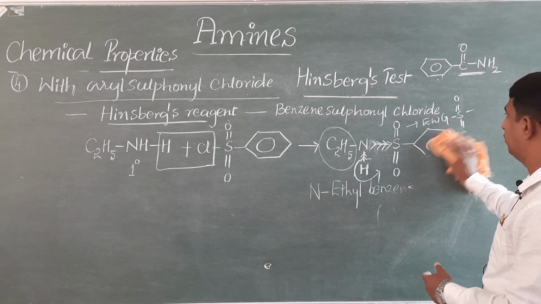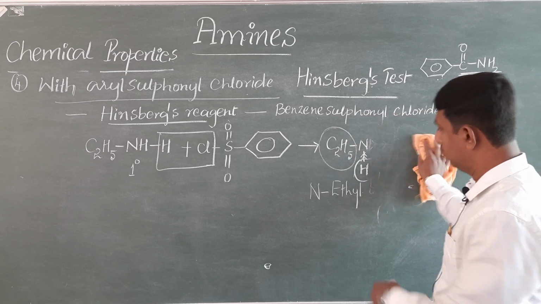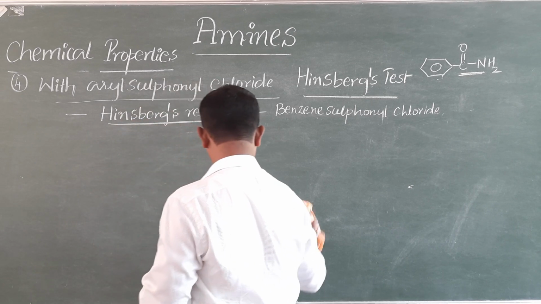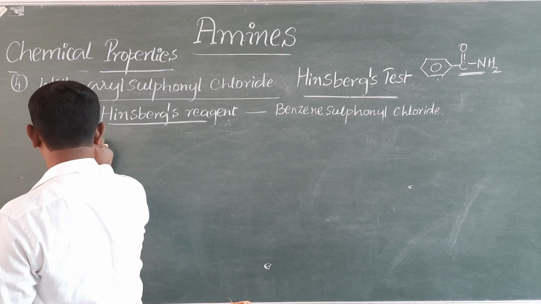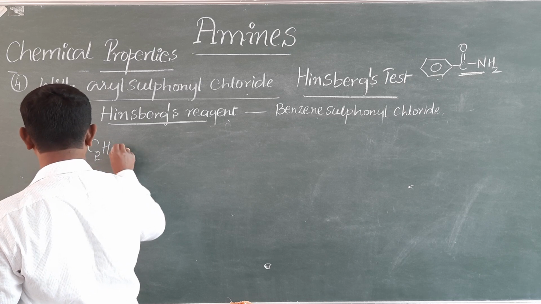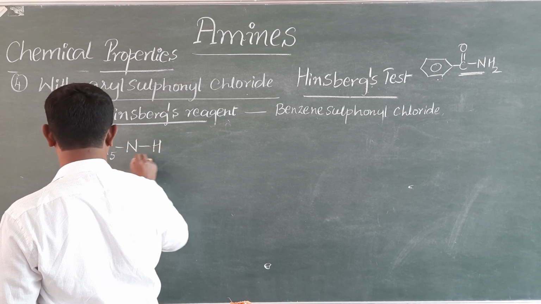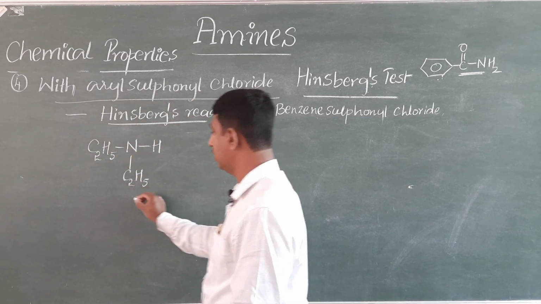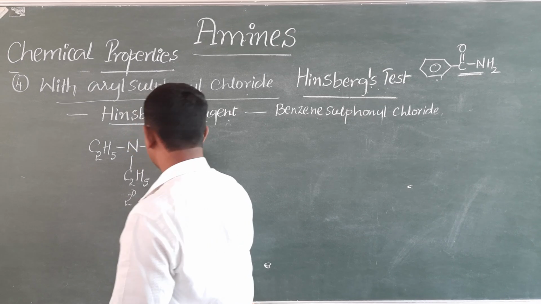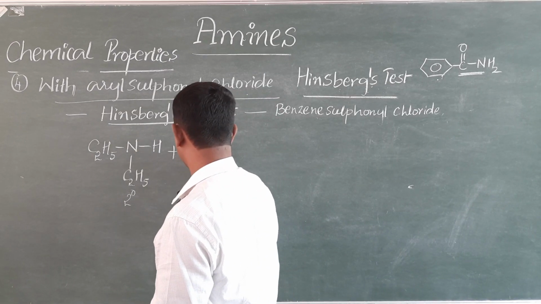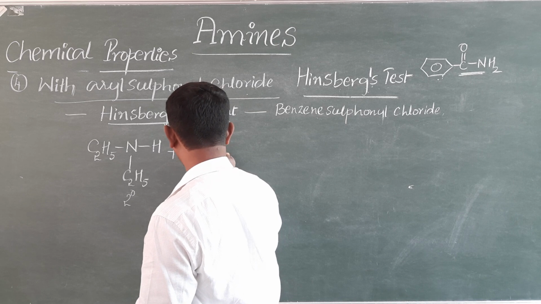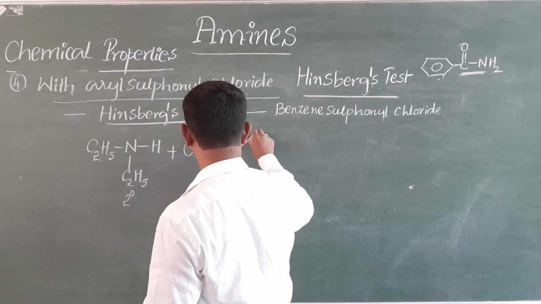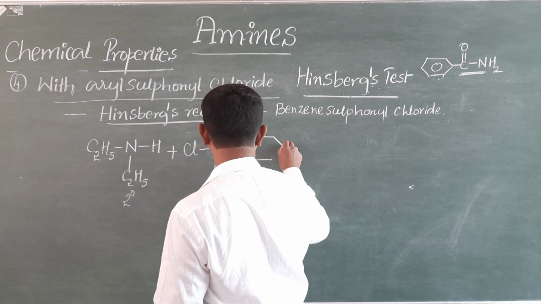Let us take a secondary amine. Example for secondary amine, diethylamine. This is diethylamine, a secondary amine, which reacts with benzene sulfonyl chloride, that is Cl, S double bond O, then the benzene ring.